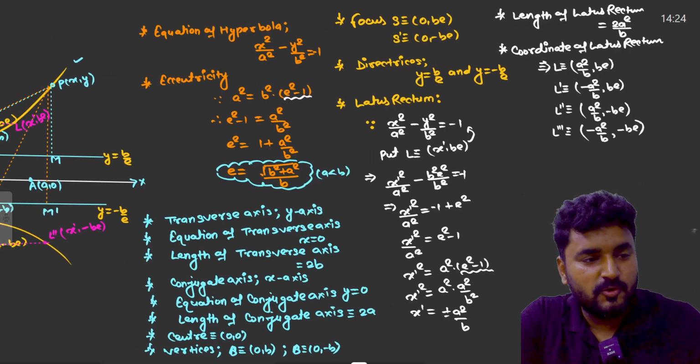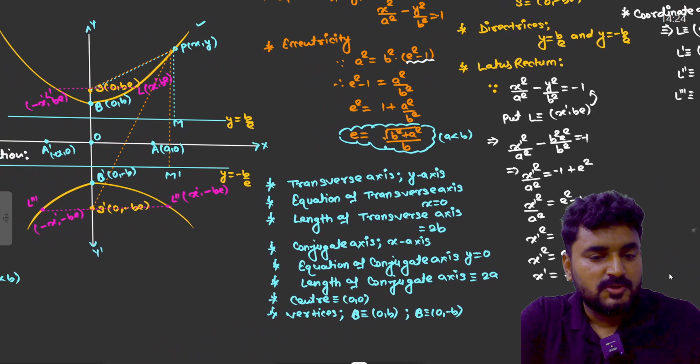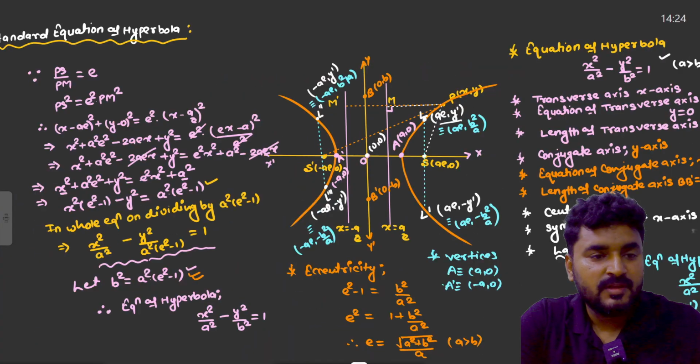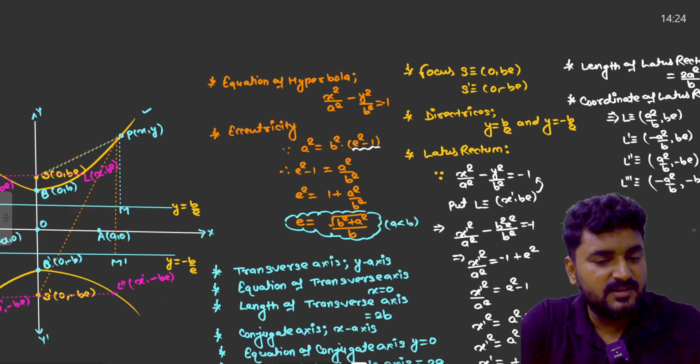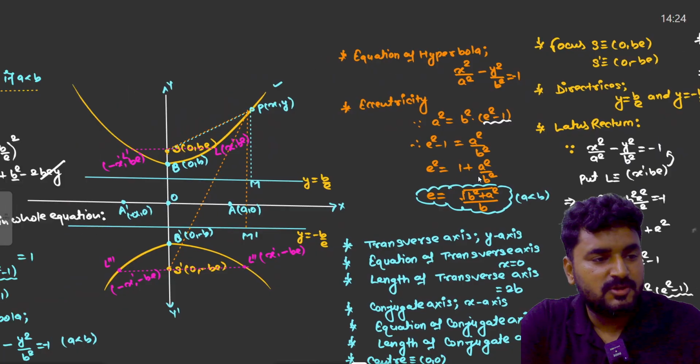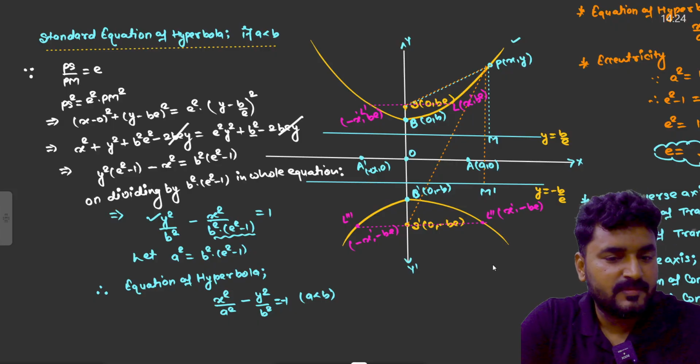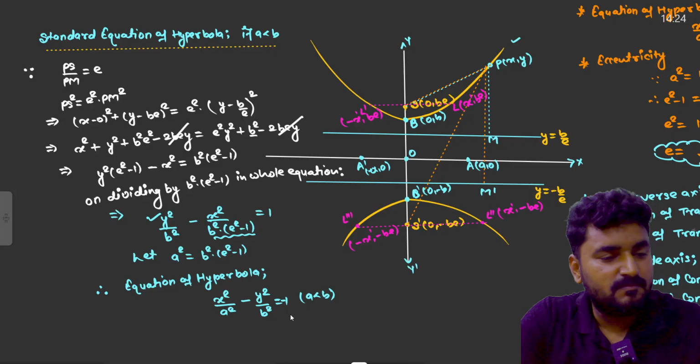both hyperbolas. Okay, chalo. So in the first hyperbola, you can see the equation was coming x square by a square minus y square by b square equals to 1, and for the second hyperbola, means the conjugate hyperbola, the equation is coming what? x square by a square minus y square by b square equals to minus 1.